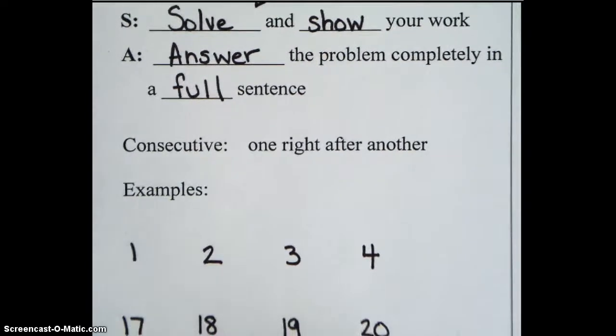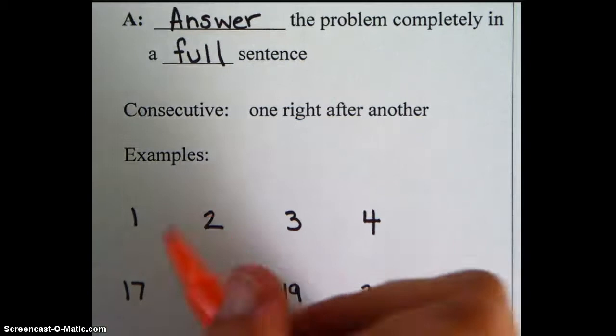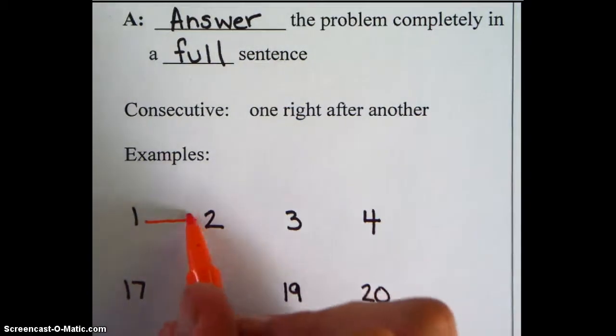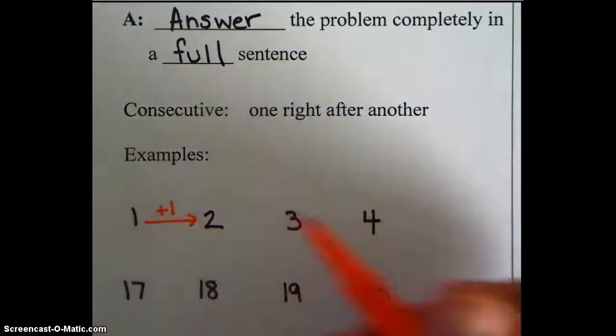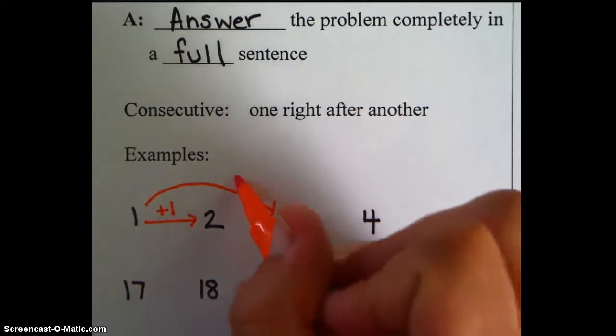The numbers 1, 2, 3, and 4, and then 17, 18, 19, and 20 are all consecutive integers. So we need to ask ourselves, to get from 1 to 2, what do we need to add? That's right, we need to add 1. To get from 1 to 3, we need to add 2.